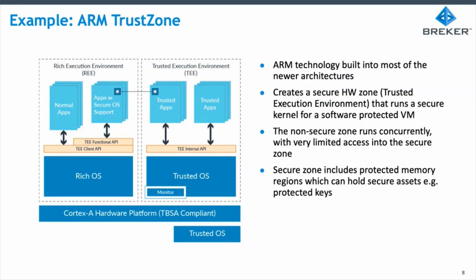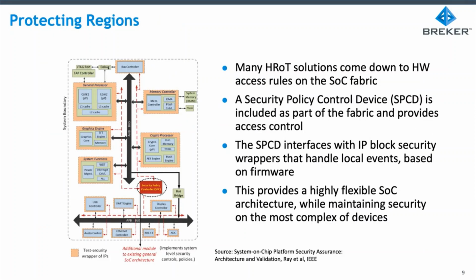Many of these hardware root of trust solutions come down to a hardware access control mechanism that exists on the SoC fabric. A security policy control device is included as part of the fabric to provide this kind of access control. This device interacts with the different blocks and memory regions hanging off the fabric and runs an access control protocol to ensure that the different masters and different slaves on the fabric are able to control each other in a very specific fashion.